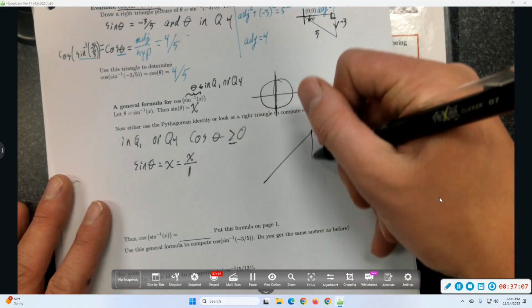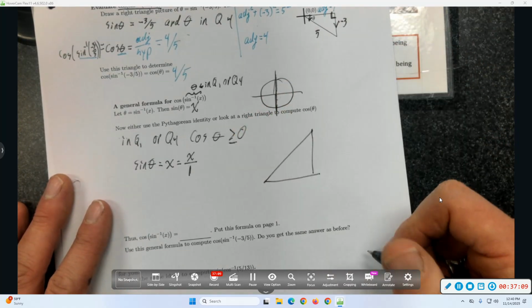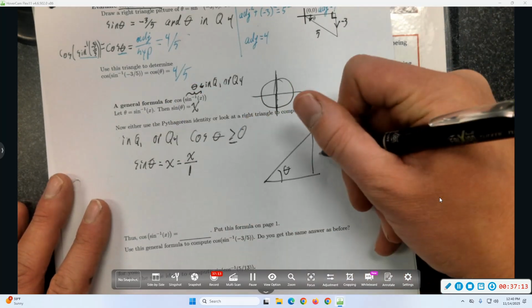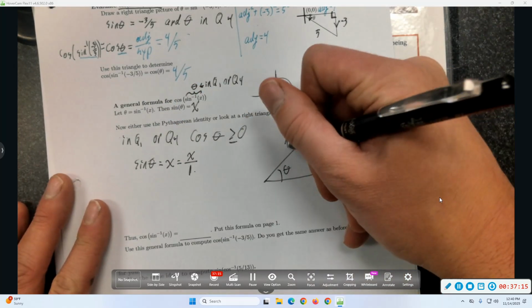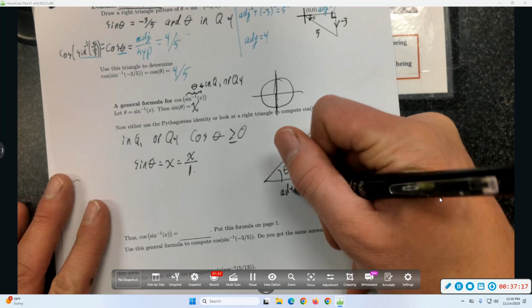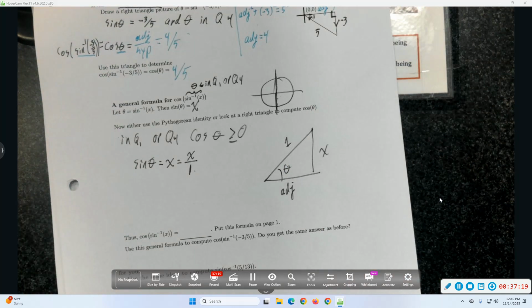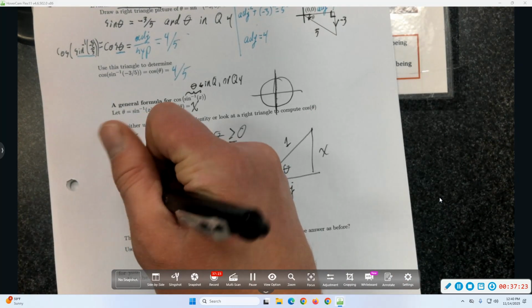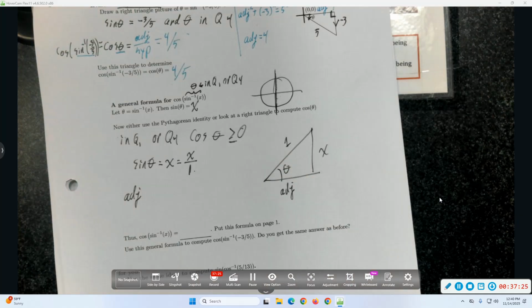So, SOHCAHTOA, sine is opposite over hypotenuse. It looks like I need to know the adjacent side. Oh, what is the adjacent side in this triangle? I don't know. Should I do the algebra now? Cool.